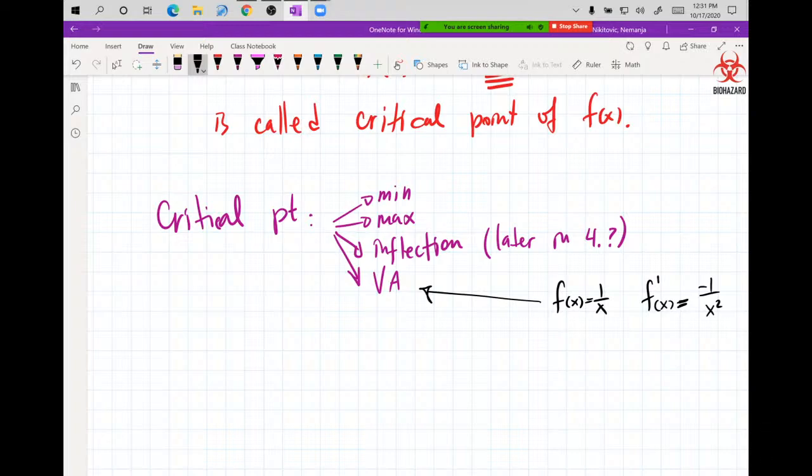So if you are looking at 0, f prime of 0 does not exist because you would get negative 1 divided by 0. That's no bueno. But we know that this particular function at 0 has a vertical asymptote because it looks like this, right? Opens, goes down like that. So it could be a vertical asymptote at that point.